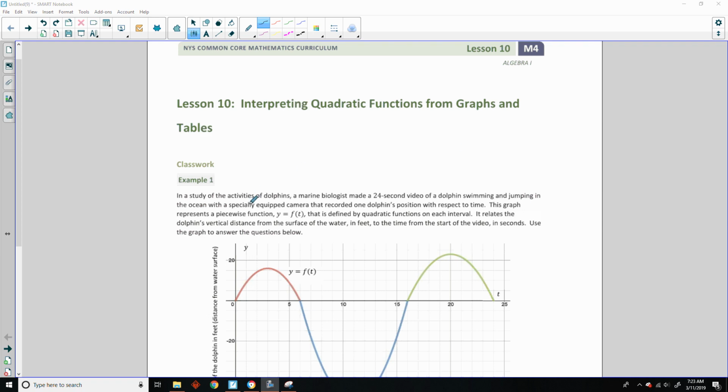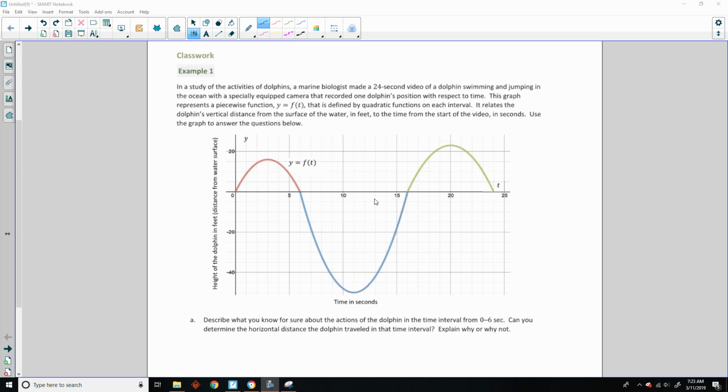This graph represents a piecewise function, y equals f of t, that is defined by quadratic functions on each interval. It relates the dolphin's vertical distance from the surface of the water in feet to the time from the start of the video in seconds. Use the graph to answer the questions below.